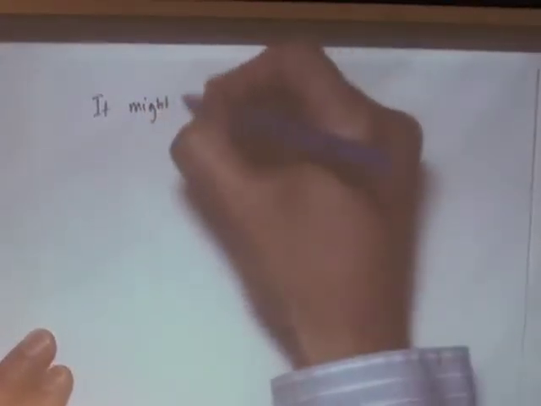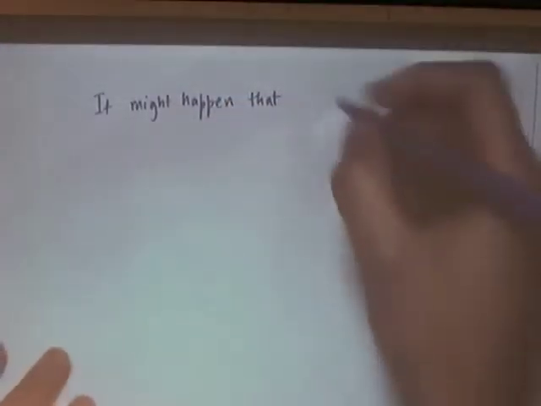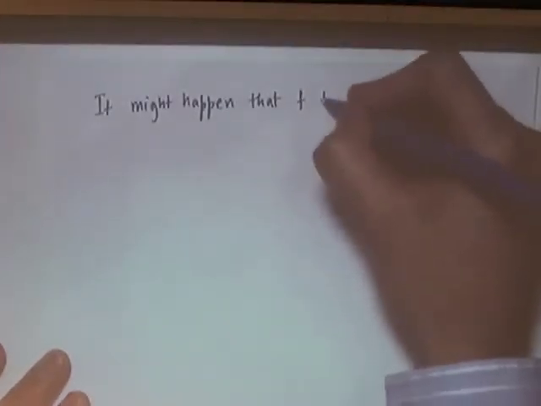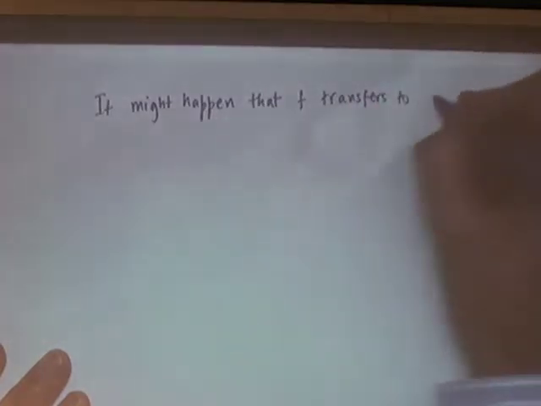Namely, it might happen that you can find the same system of Hecke eigenvalues on a quaternion algebra. So I'll explain what this means. It might happen that f transfers to a quaternion algebra.